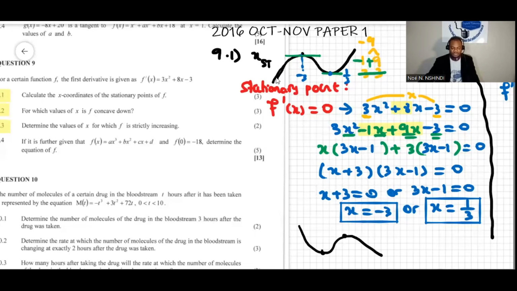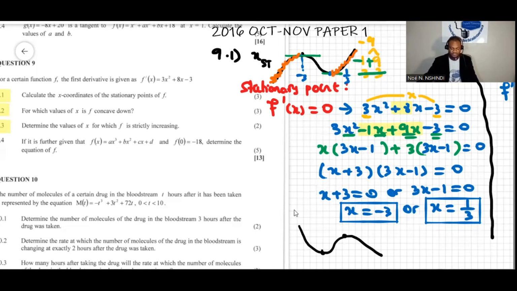Because the coefficient is positive, we know that the graph goes up, down, and up, and it increases in this part, it increases over here and then increases over there.